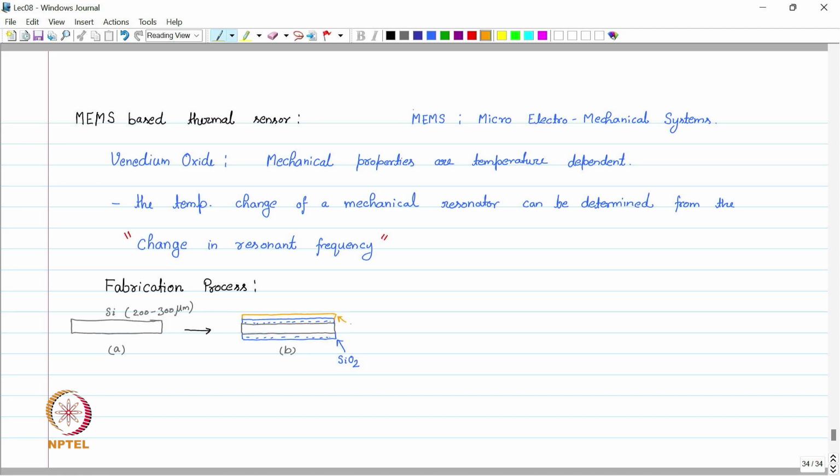This is the layer of gold, which is typically 100 nanometer, and on top of this gold layer we put this vanadium oxide, or VOx as we call it in short, and the thickness is typically 400 to 500 nanometer.